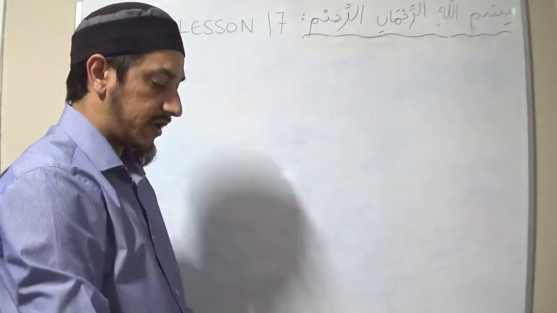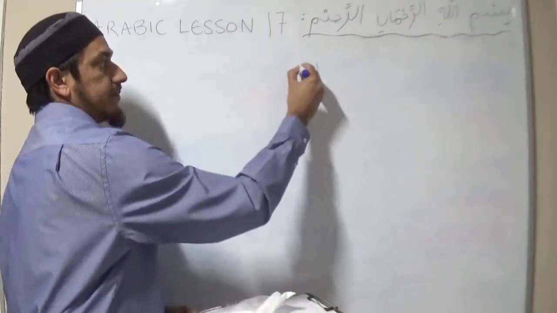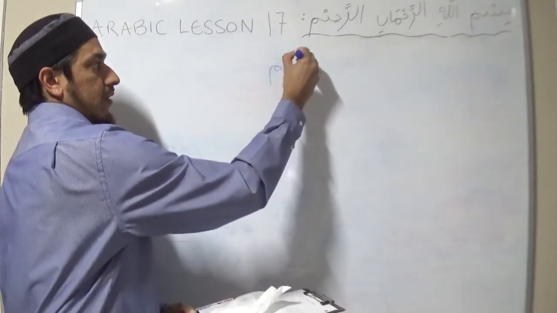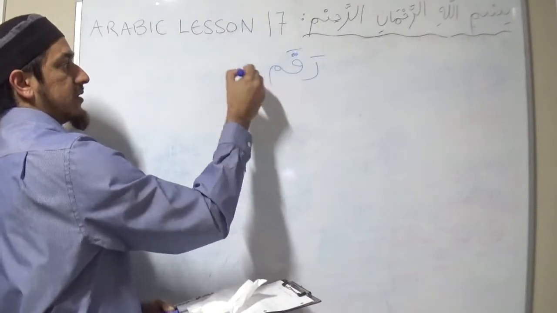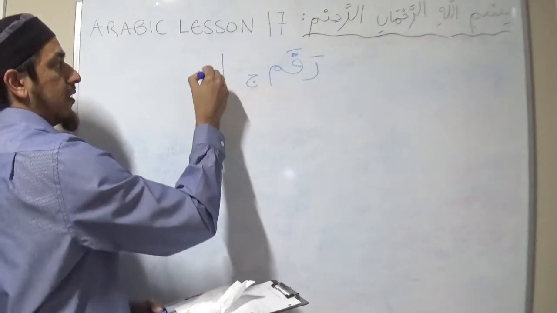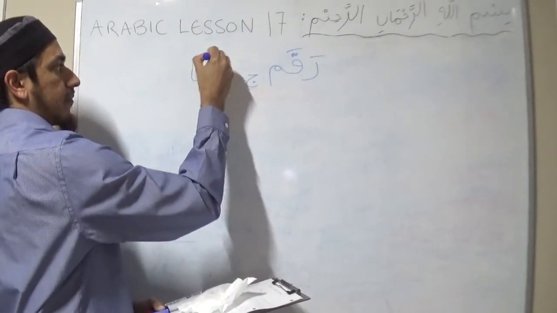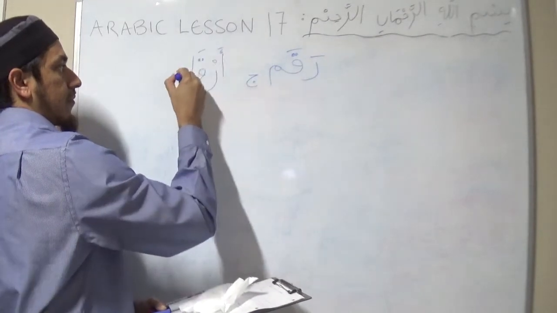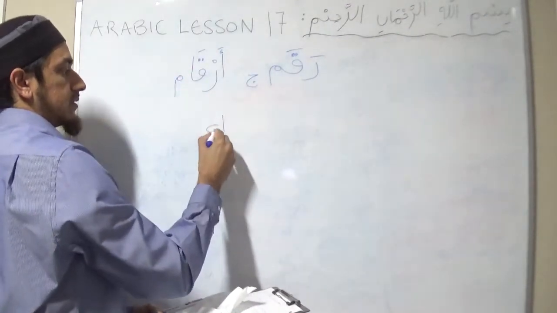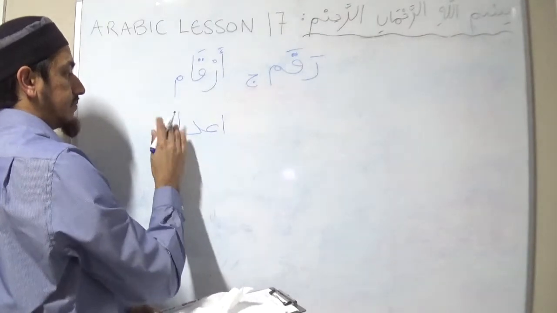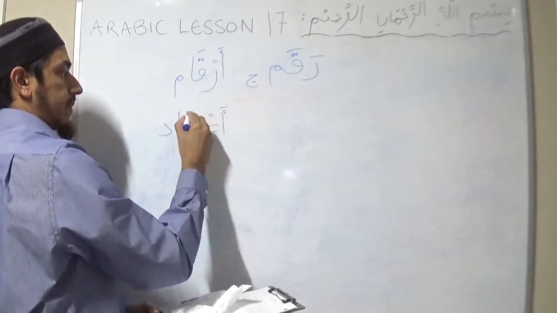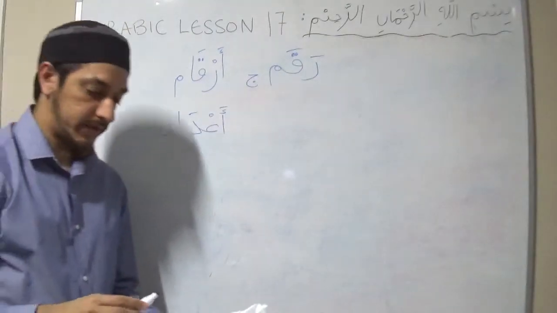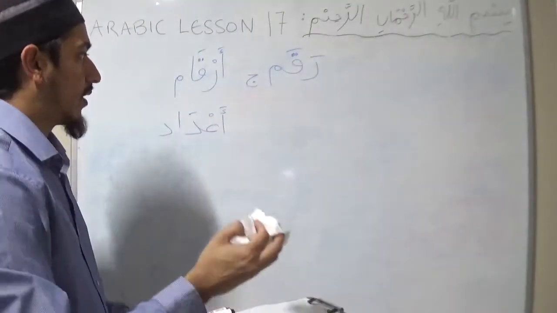Numbers in Arabic is usually called raqam, or the plural of it is arqam. Or they also say a'dad. So that's numbers.